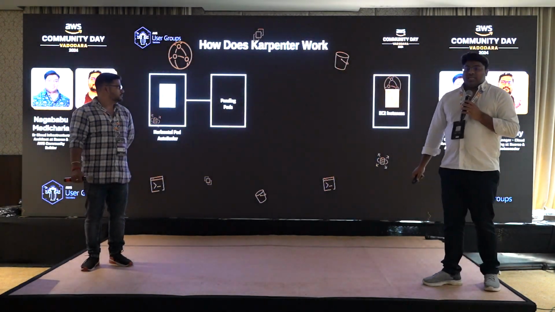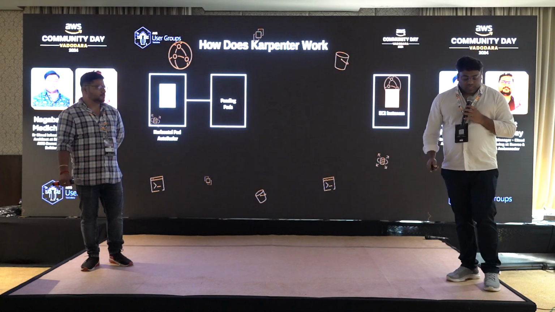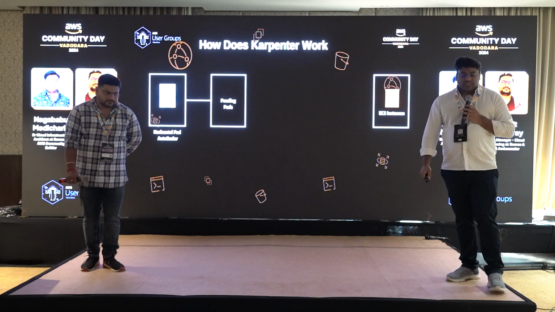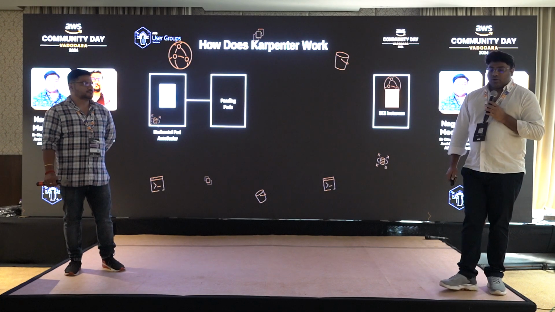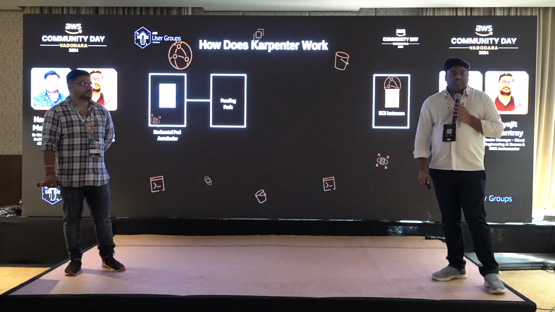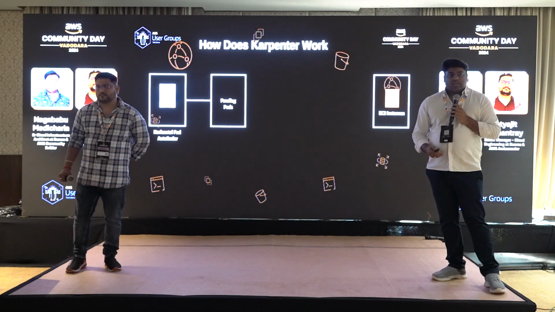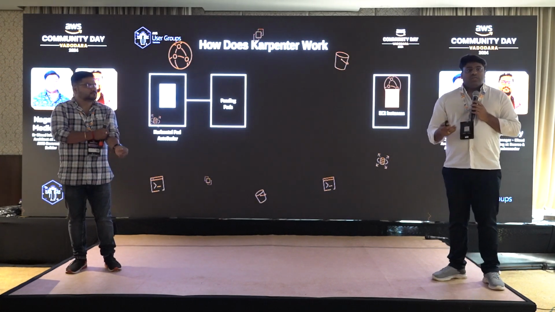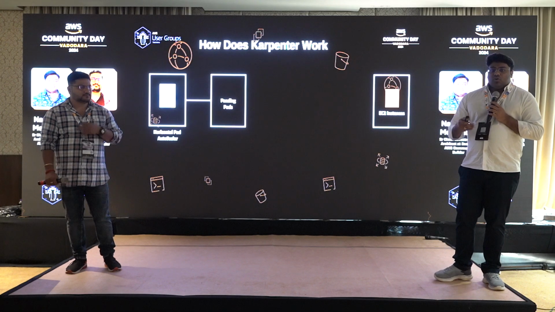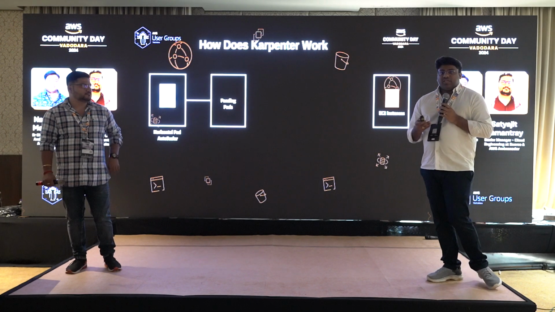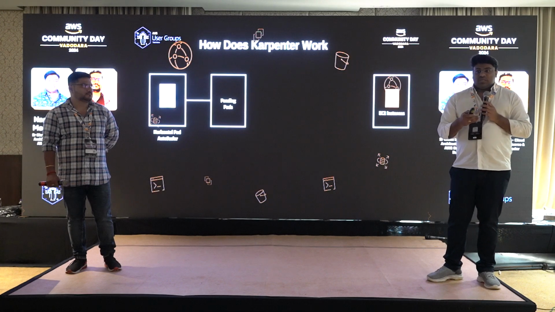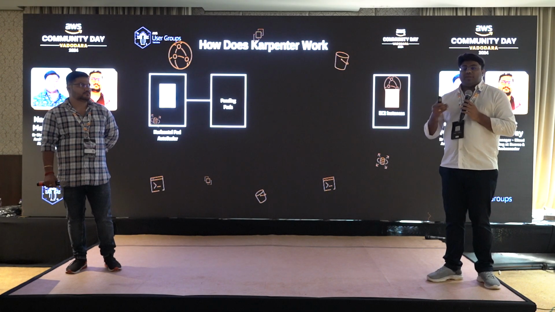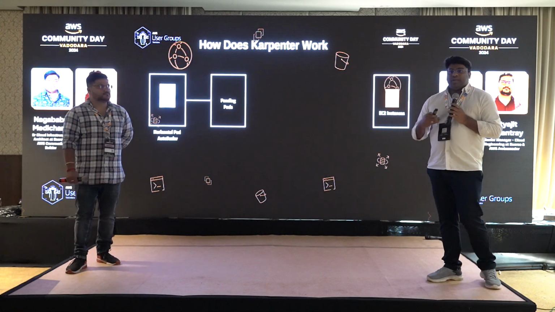So how does Karpenter work? As Satyajit just mentioned about the horizontal pod autoscaler and vertical autoscaler, whenever there is a trigger for the horizontal pod autoscaler or a new pod to come up, if the node has enough capacity, it can accommodate those pods. If the node does not have enough capacity, the pods will go into pending state.